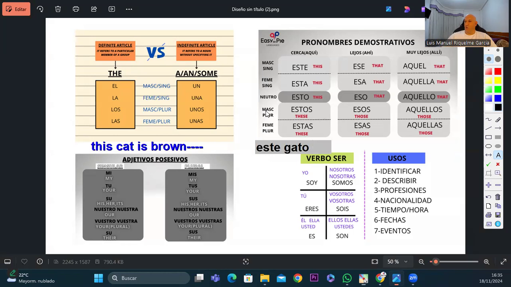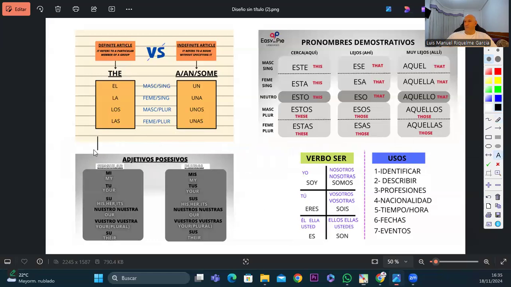We are talking about one single cat, so you go for the verb ser and you go for the verb es. And now we only need to know how to say brown. If you don't know how to say brown, I'll tell you. Marrón. You can pronounce after me. Este gato es marrón. This cat is brown.